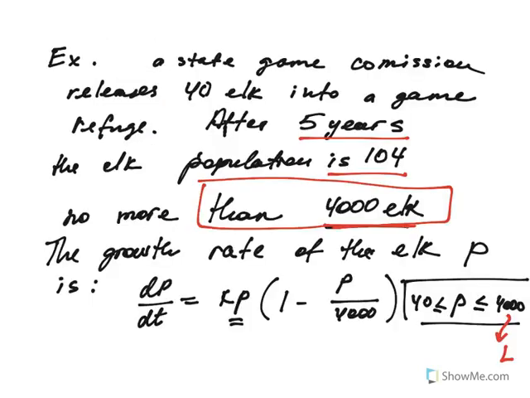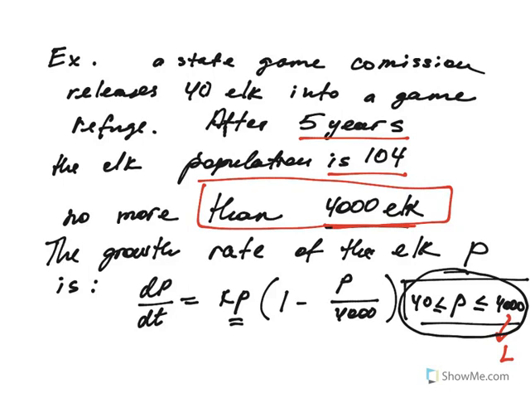Now, if you read this problem again, they tell you what the initial condition is. Right here, it says that your population is between 40 and 4,000. So the carrying capacity is 4,000, that's your maximum, but the lowest number is 40.